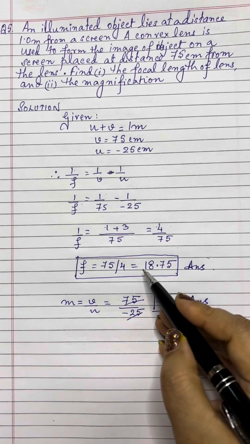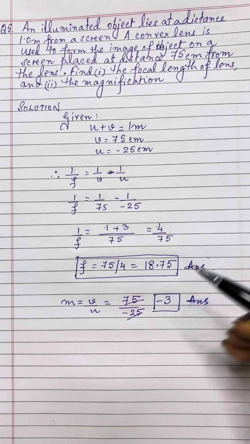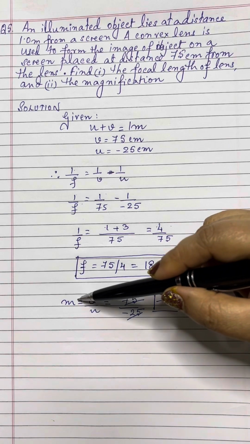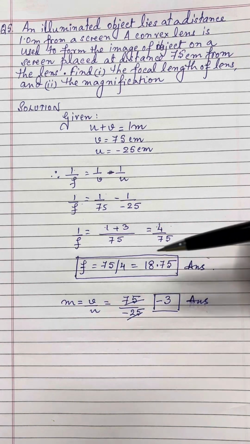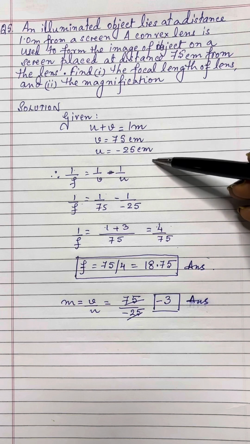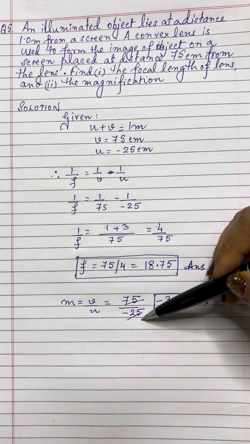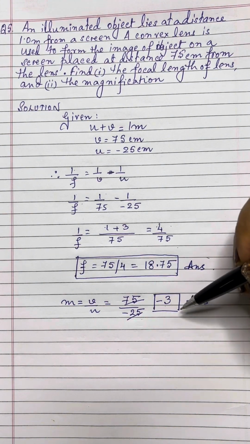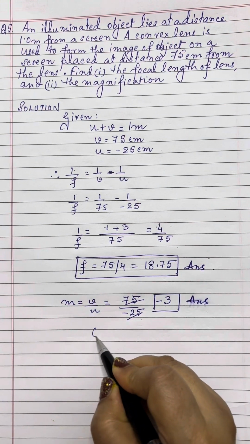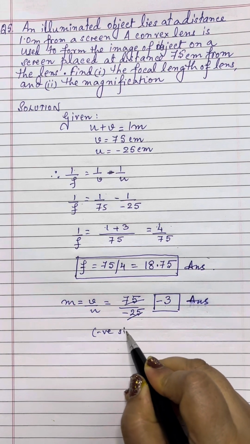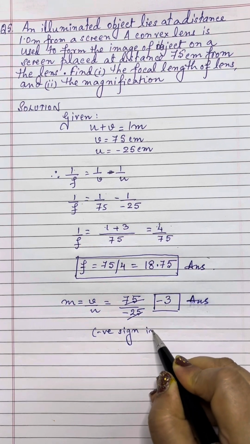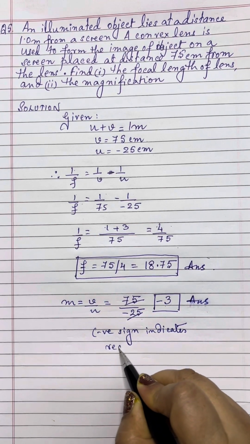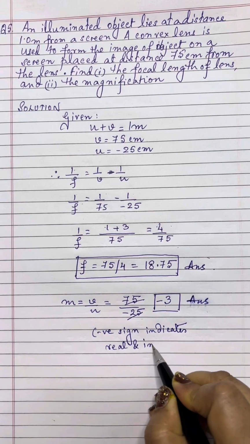Now, over here it is coming plus, which is in accordance because we are using a convex lens. Next is the magnification, which is V by U. V being known to us, U being known to us, let us substitute the values and we get minus 3. Magnification minus 3, so you can write over here negative sign indicates real and inverted image.